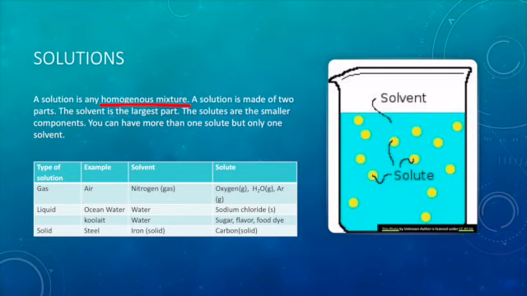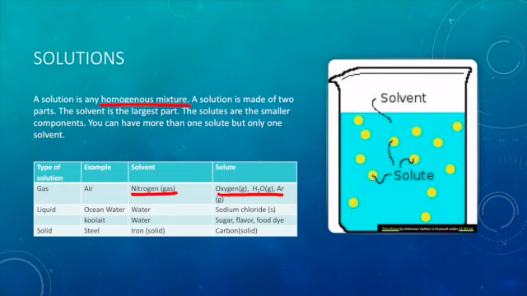So some types of solutions. A gas solution, you would have air. The solvent is nitrogen gas. The solutes are oxygen, water, and argon. A liquid solution could have ocean water.